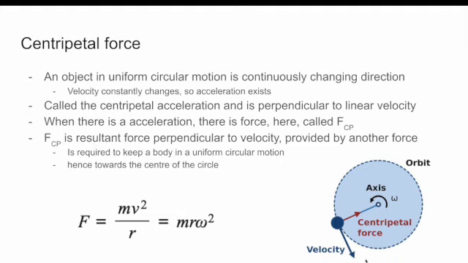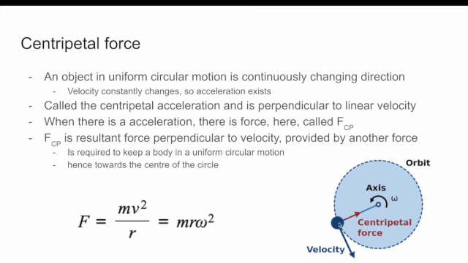And this centripetal force is the resultant force perpendicular to this velocity provided by another force, and it's required to keep the body in uniform circular motion, so spinning in a circle basically. So this centripetal force is always towards the center of the circle. To calculate it, we can just multiply the mass times the velocity squared divided by the radius.